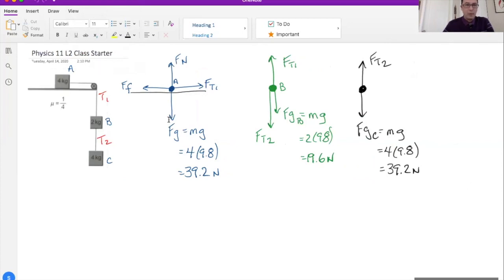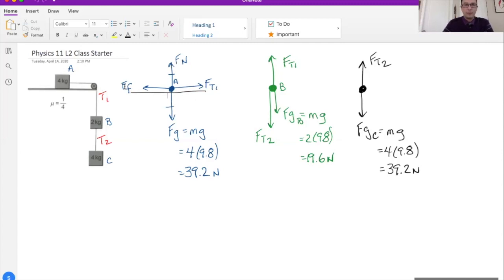Of course, a force of gravity, which is met equally with the normal force of the table pushing up. And since those 2 forces are balanced, I will indicate as so. We have a tension 1 pulling to the right. And then, of course, as it slides across the table, there will be a friction force opposing that motion to the right.